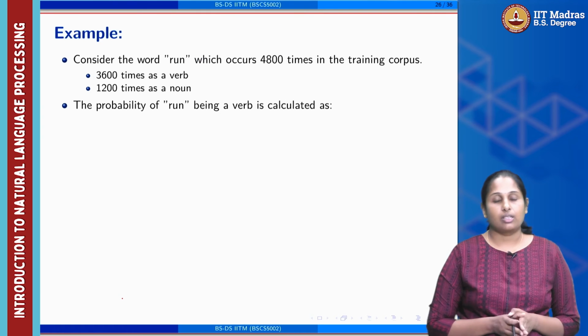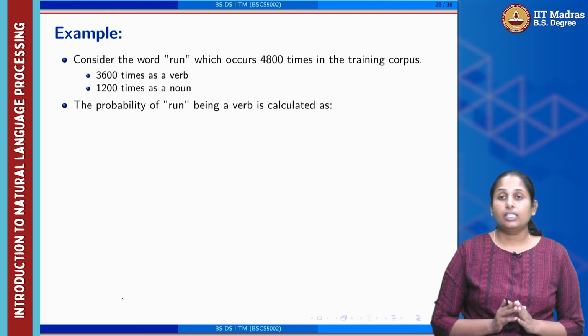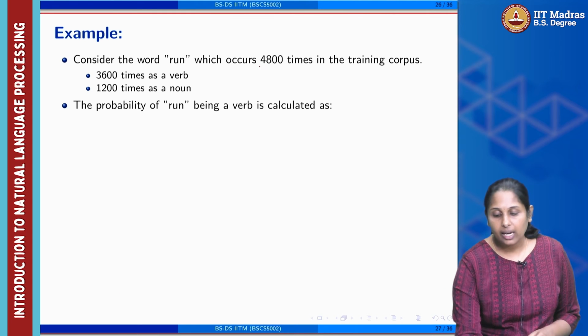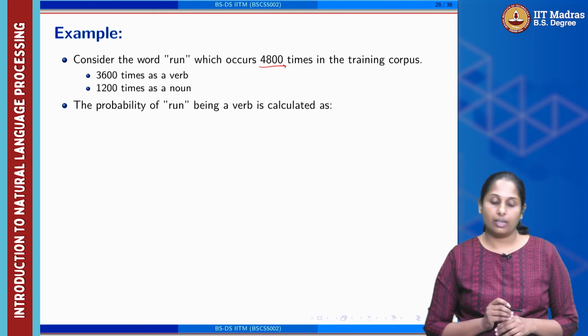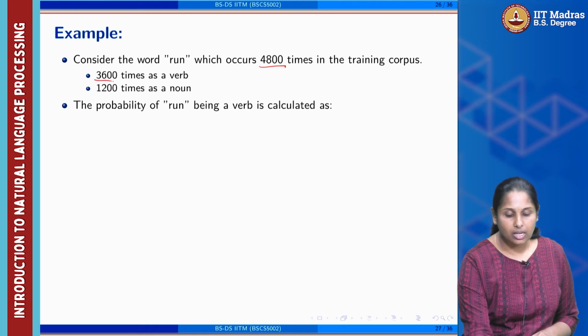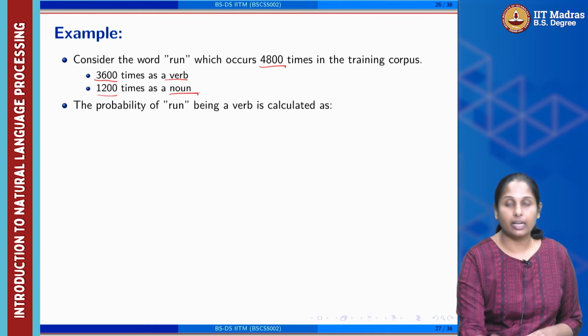Now for example, let's take the word run. Let's say run occurs 4,800 times in the training corpus, in which 3,600 times it occurs as a verb and 1,200 times it occurs as a noun.